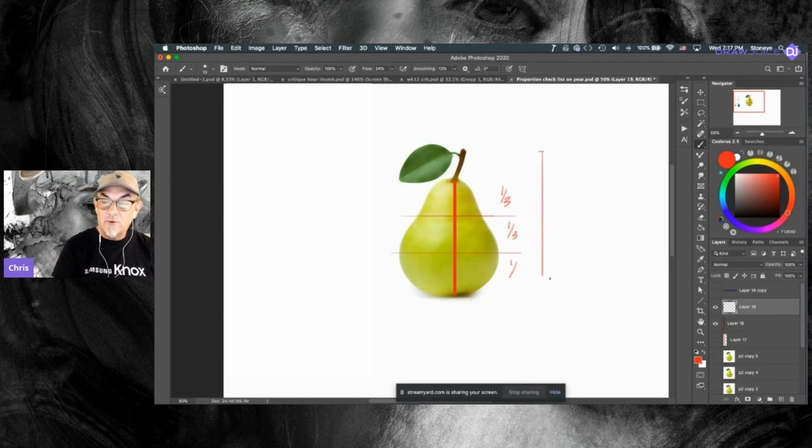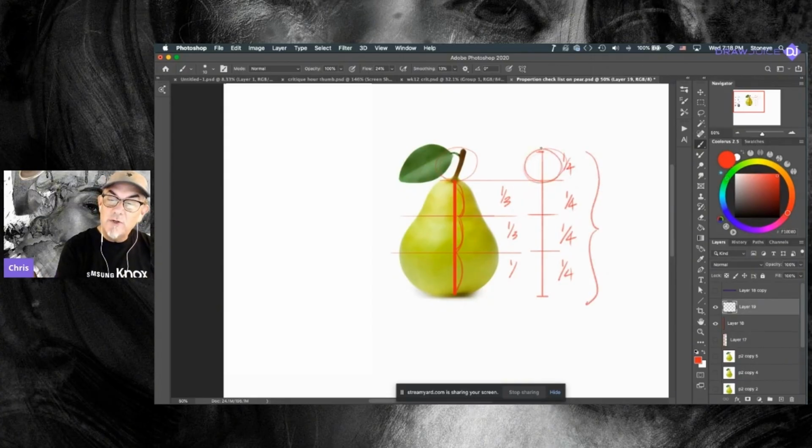Or we could, again, do the total length from the rim to the tip of the stem, and we could find out maybe, what is that? Maybe that's a quarter, roughly speaking, right? So now I've got a fourth. So I could divide it by fourths, and I could take that one known unit here, and then just move it down until I find and account for the total height of my pear, right?